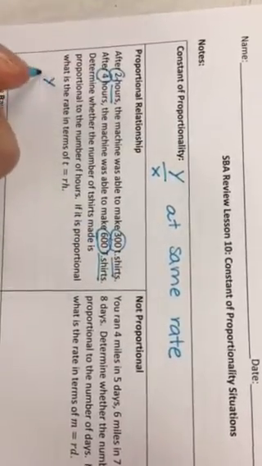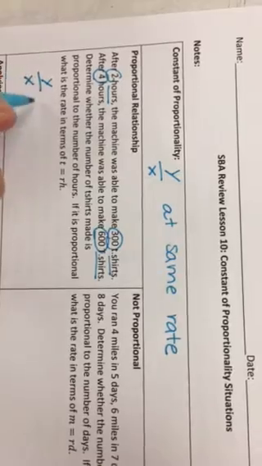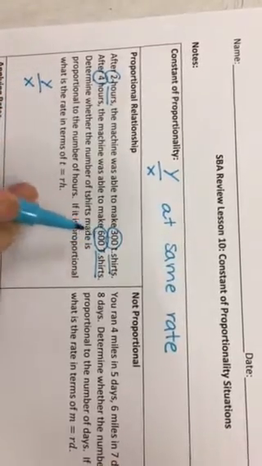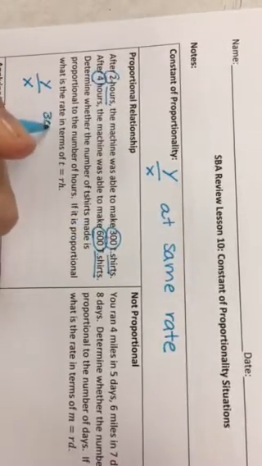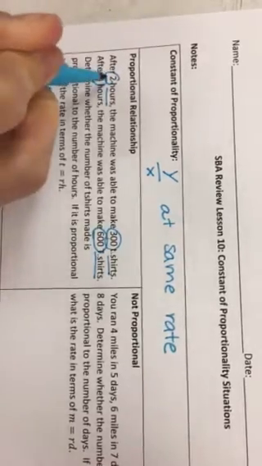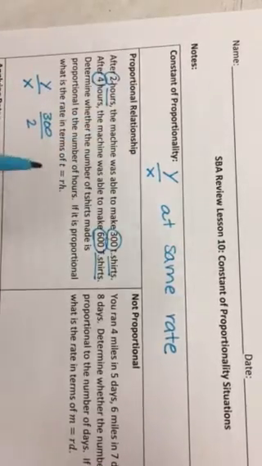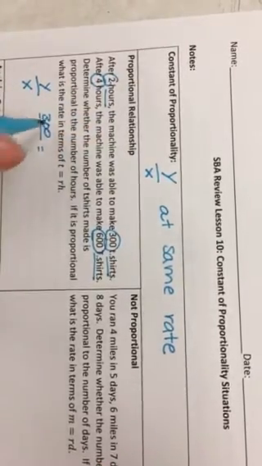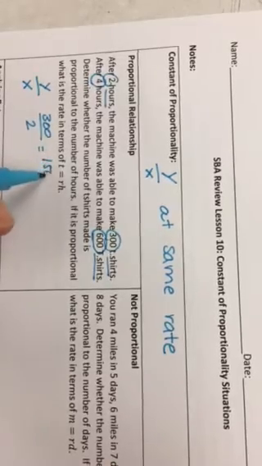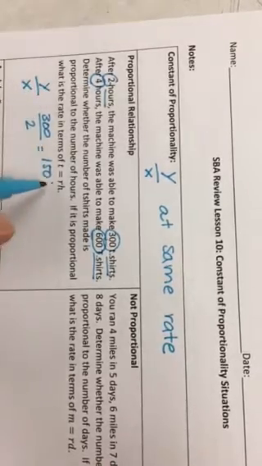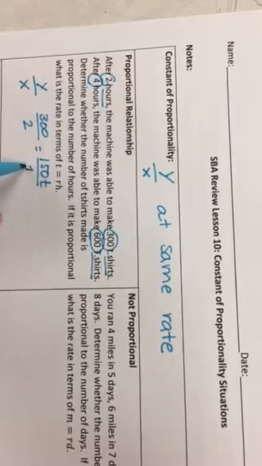Y over X. Y would be my number of t-shirts. X would be my number of hours. And checking this first rate, I have 300 divided by 2. That gives me a rate of 150 t-shirts for every 1 hour.